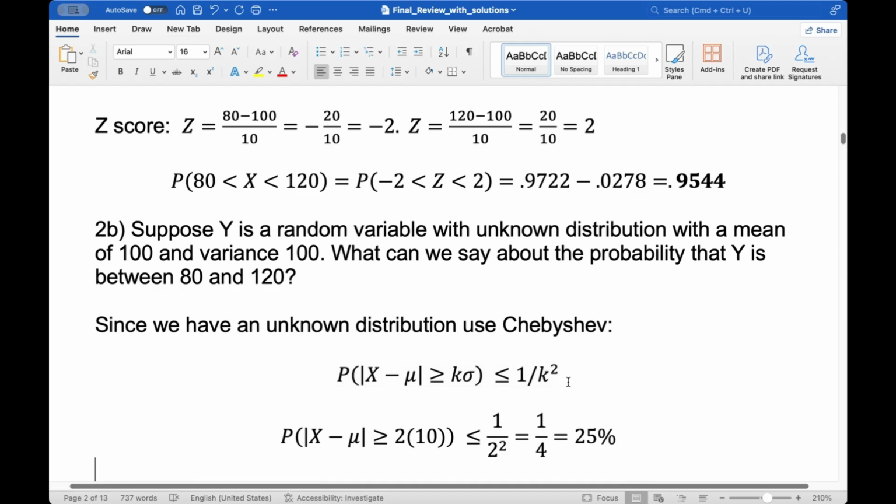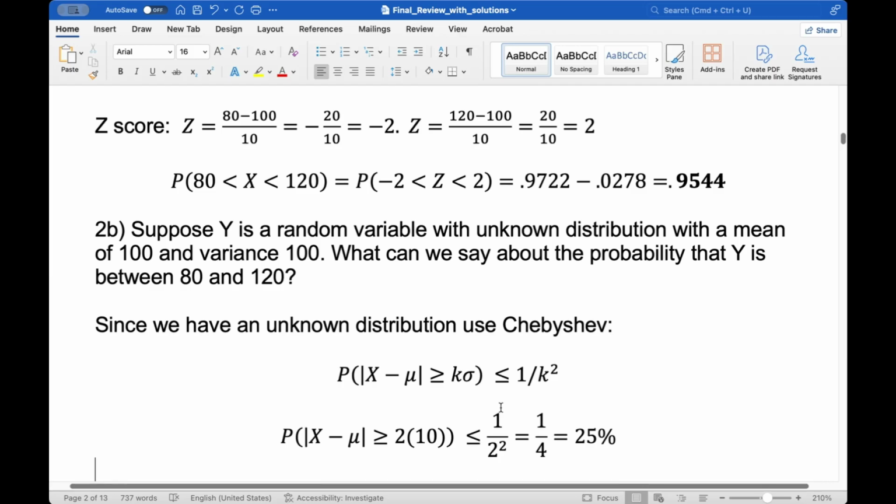So the probability of being more than k standard deviations away from the mean is less than or equal to 1 over k squared. We just have to count how many standard deviations we are from the mean. The standard deviation here is the root of the variance, which is 10. The gap from 100 to 80 and to 120 is 20, which is 2 standard deviations. So by Chebyshev, the probability of being at least 2 standard deviations away from the mean is less than or equal to 1 over 2 squared, which is a quarter, or 25%.